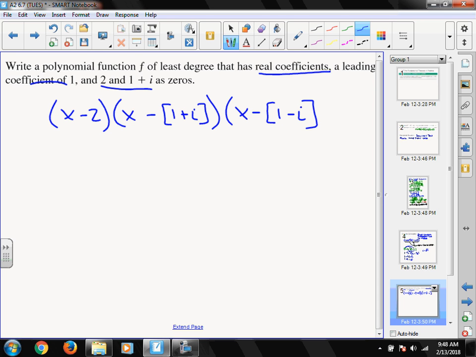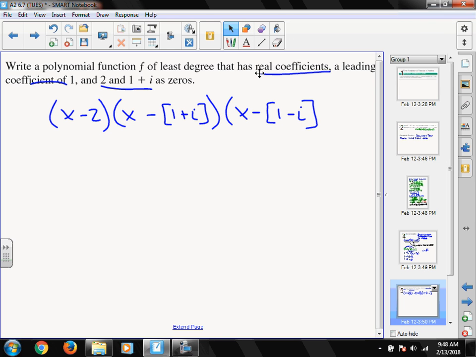So 1 plus i and 1 minus i, those are complex conjugates. This is just saying that we have these two numbers as zeros, but there could be more.